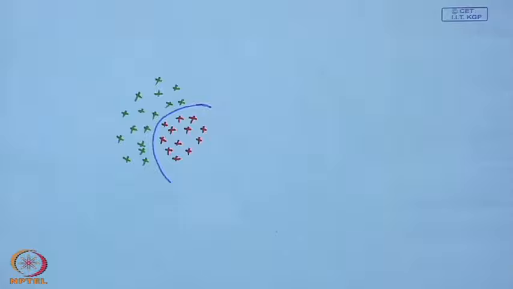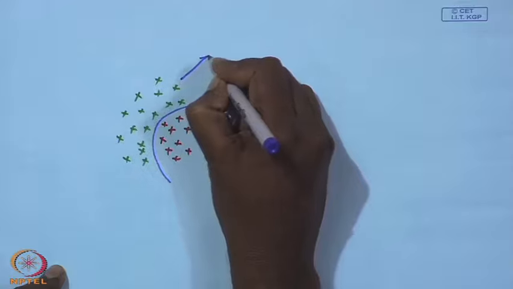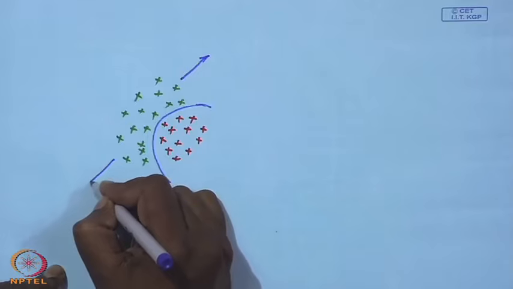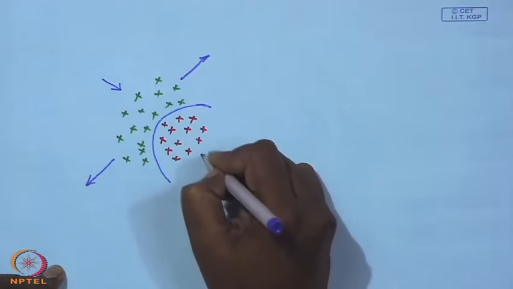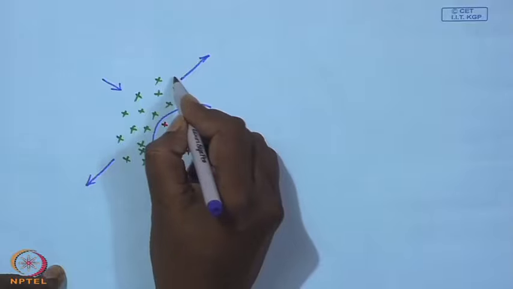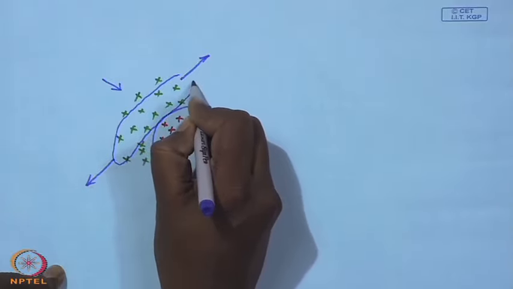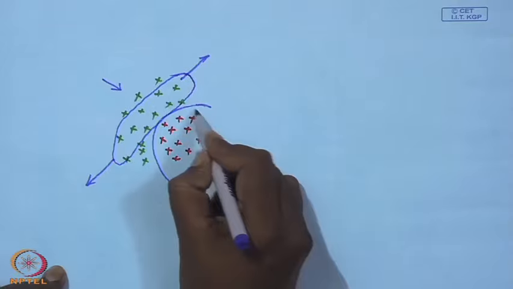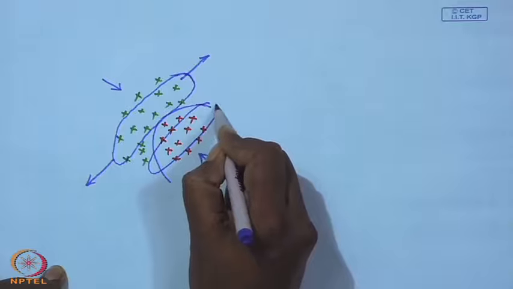Now, if I impose a nonlinear transformation, something like this, a transformation which will expand the feature vectors in this direction and contract the feature vectors in this direction, these feature vectors will be clustered into a cluster something like this, and these feature vectors will be clustered into a cluster like this.